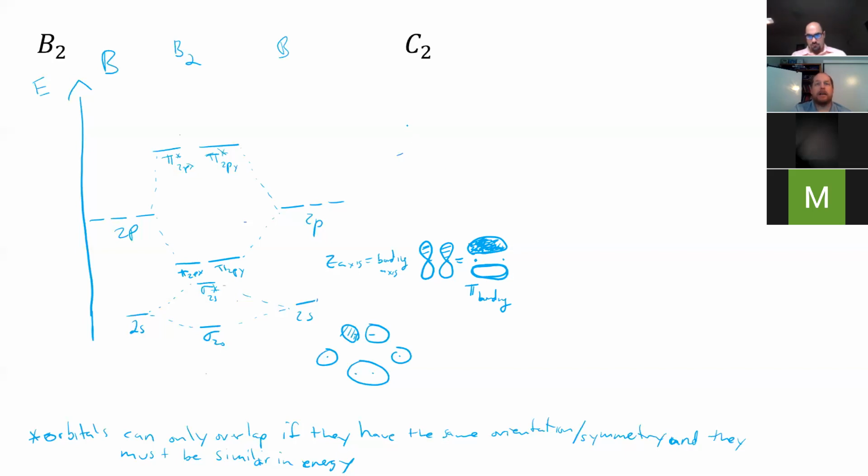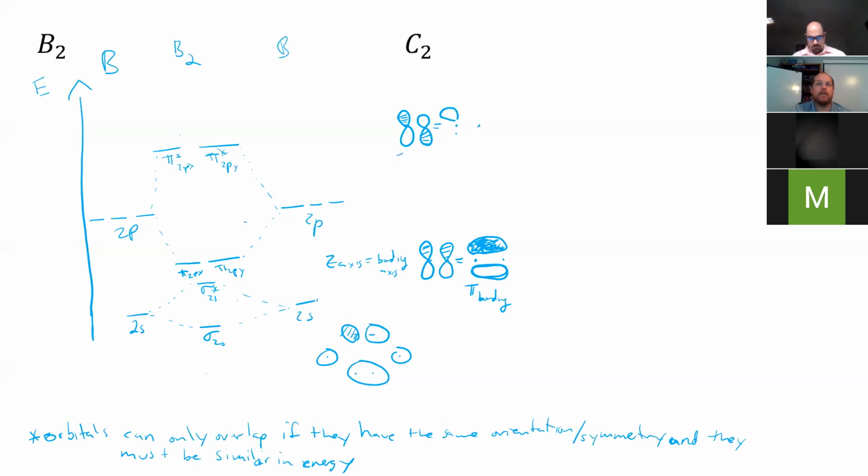If, however, you have them overlap and they're out of phase with each other, like so, when they overlap that way, that leads to a pi star or anti-bonding orbital.